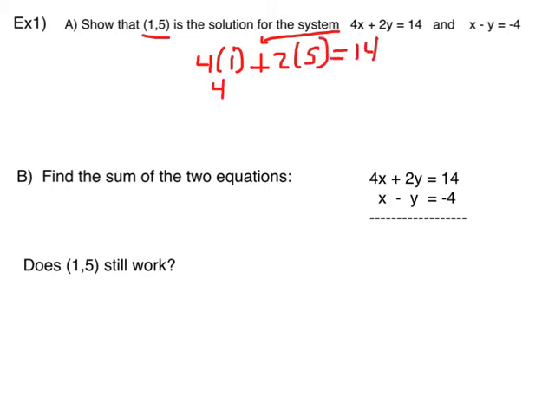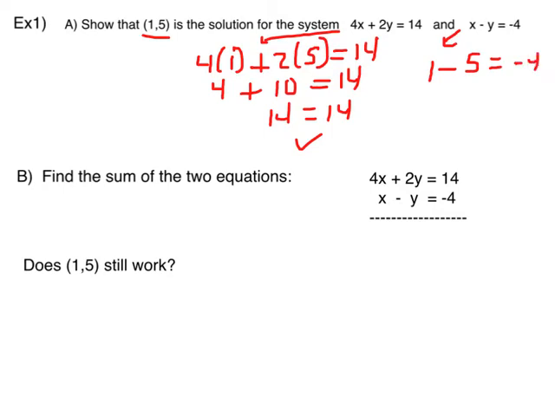Well, 4 times 1 is 4, 2 times 5 is 10, and yes, 14 equals 14. But we have to make sure it works in both. Sometimes it does, sometimes it doesn't. In the second equation, I plug in 1 for x minus 5 for y, which should equal negative 4. And sure enough, 1 minus 5 is negative 4. So it does indeed work in both.